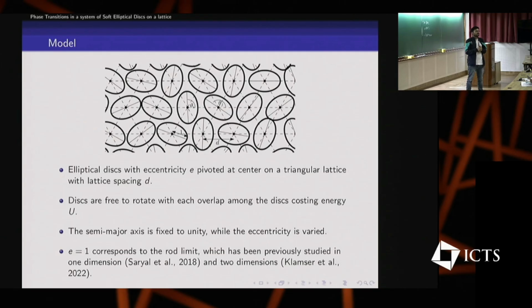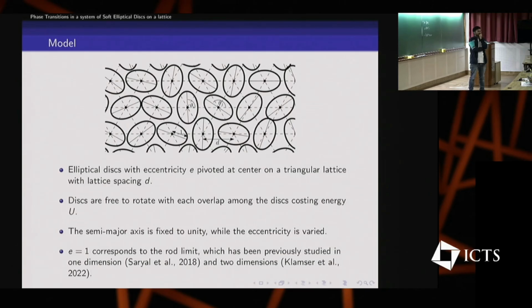Sorry, maybe you already said. For hard k-mers, there's also a re-entrant transition, right? Yes, k-mers with k greater than something. Is it the same kind of transition? I have to check. I don't think so.